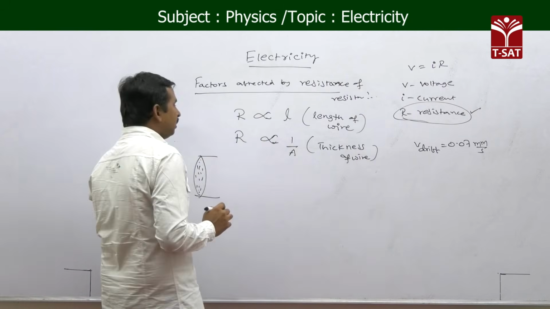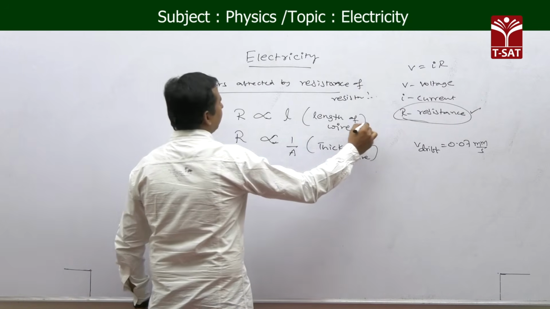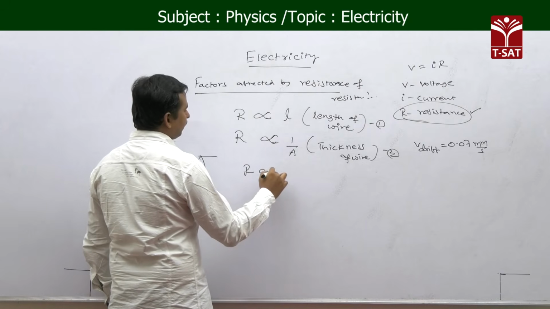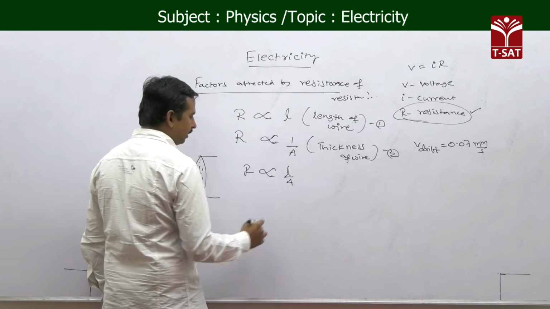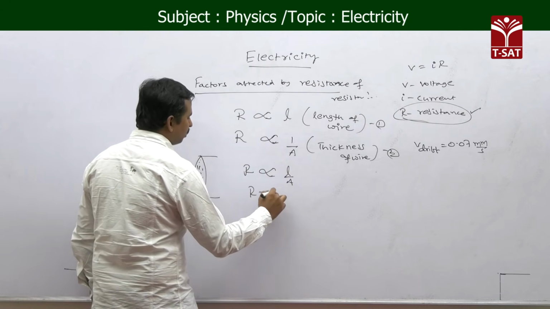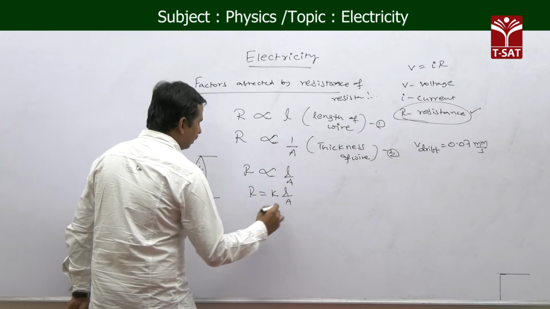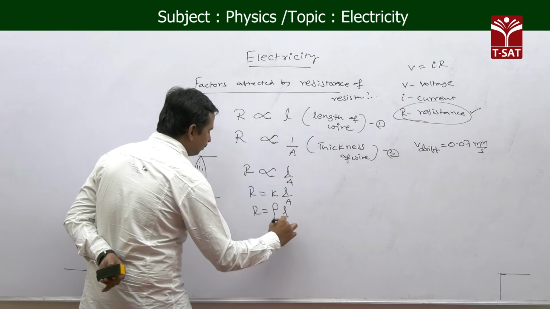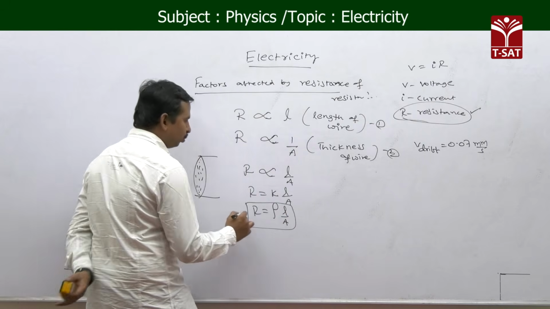Okay? And if you combine both statements 1 and 2, now we get R is directly proportional to L by A. Then R is equal to a constant K into L by A, and that constant we call resistivity, which is represented with rho.